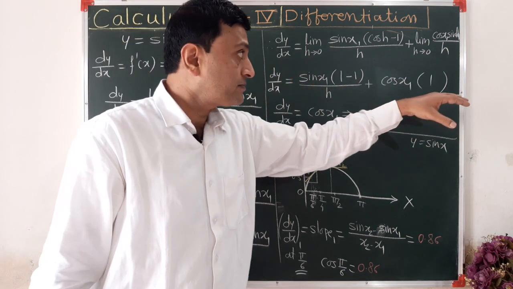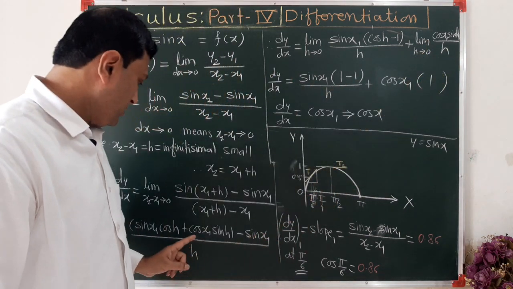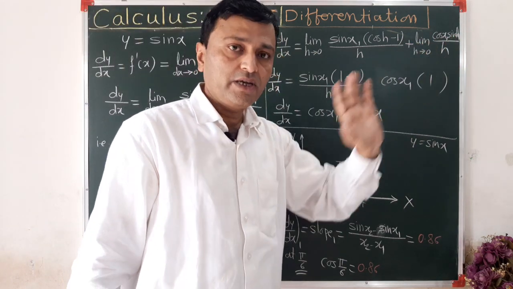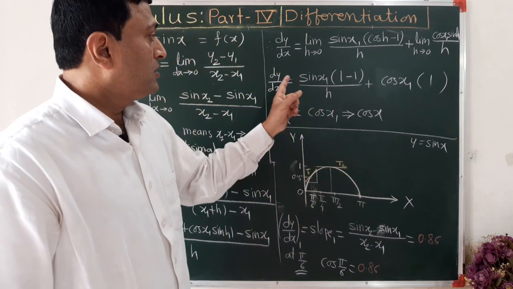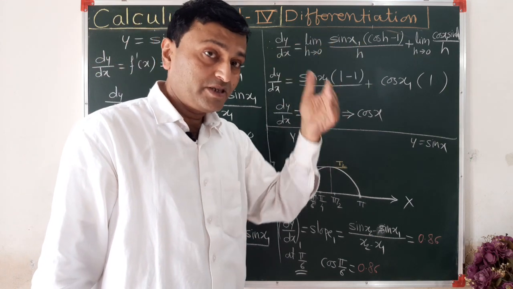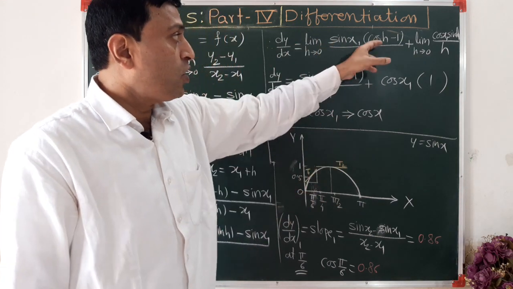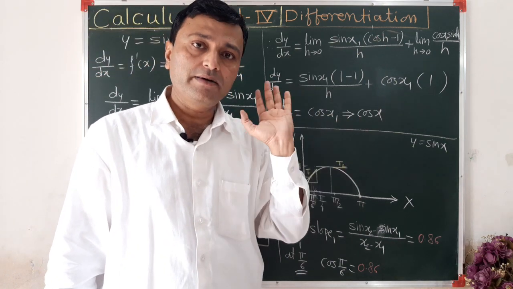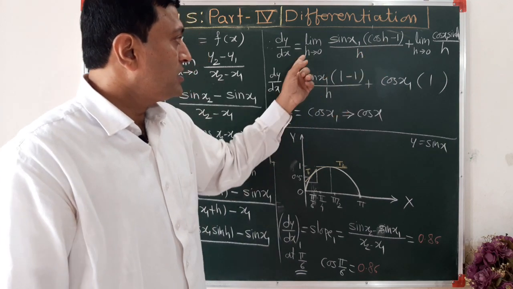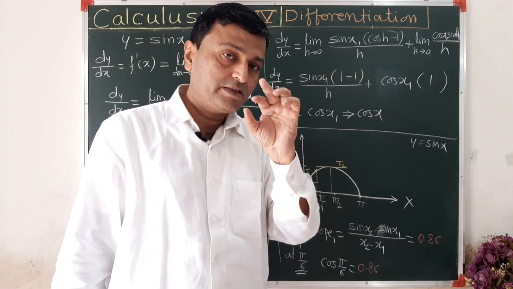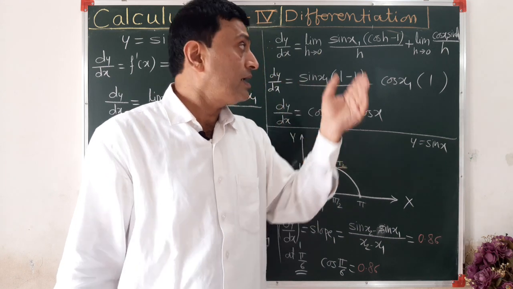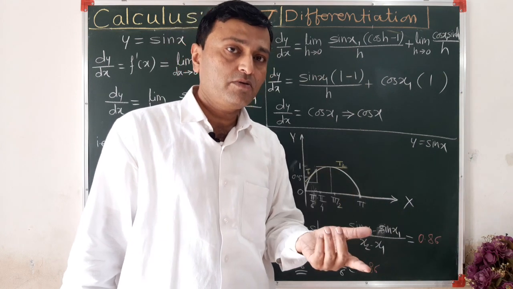And for the second term, limit h tends to 0, what is remaining? cos x1 sin h, and h as it is. Now when you apply this limiting process condition, then you can say cos h tends to 1, because h is very small, means the final limit will be cos 0, but you can't directly put 0, it tends to 0.